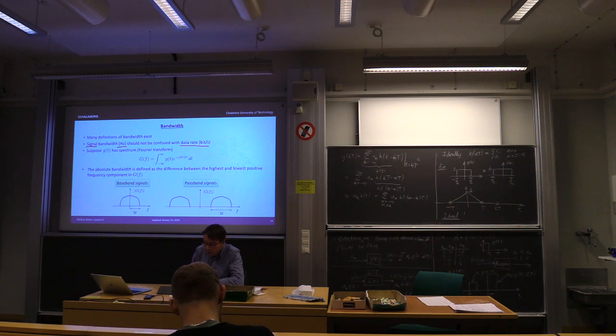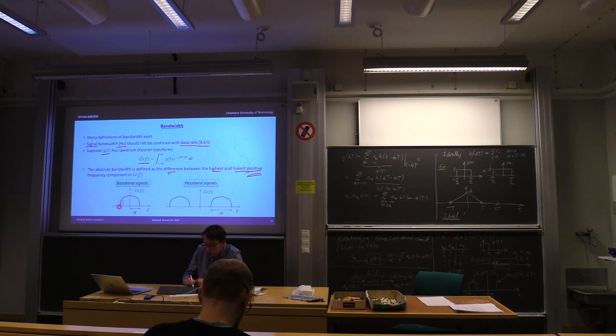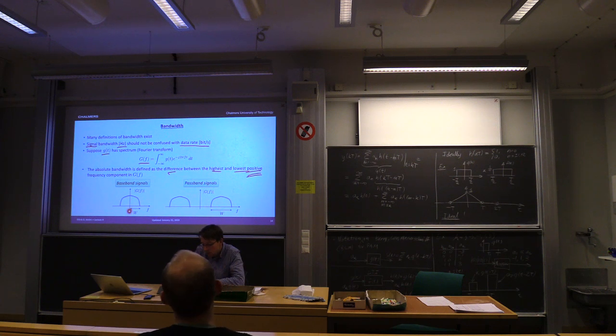Okay? Now, it turns out that if the pulse G has a spectrum, G of f, we say that this has a certain bandwidth, absolute bandwidth, if the difference between the highest and the lowest positive frequency, that's the bandwidth. Okay, so bandwidth for a baseband signal, which has most of its energy centered around 0 hertz, is counted from 0 up to the highest frequency component here.